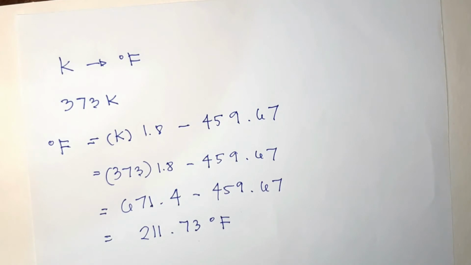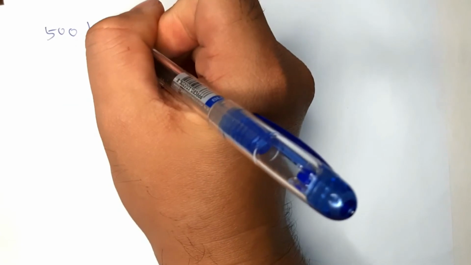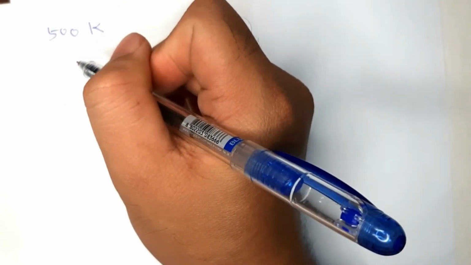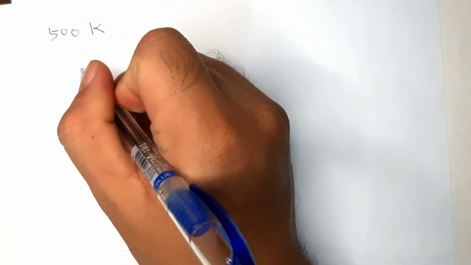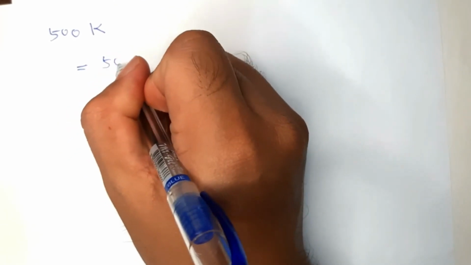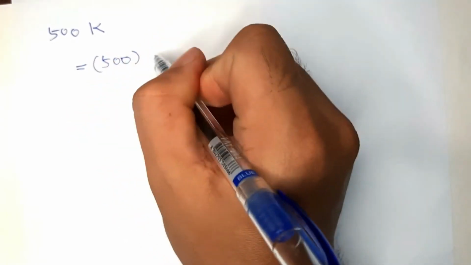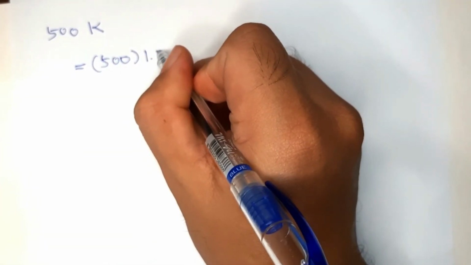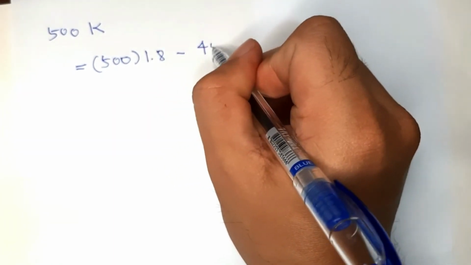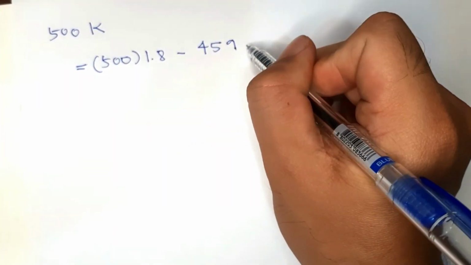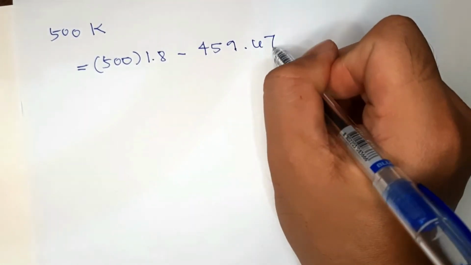So now it's your turn. Feel free to work on these examples and pause the video. For our next problem, we have 500 Kelvin. Again, we use the formula and plug in this value. So 500 times 1.8 minus 459.67.